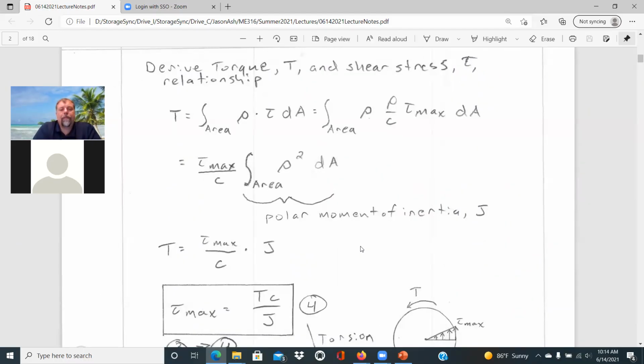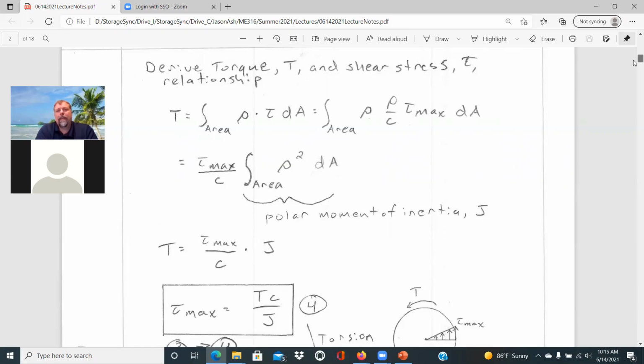If we were to look at torque that's applied, it would really be the integral throughout that area of the radial position times the shear stress times the partial element. Remember, the shear stress times an area would give you a force, times a radial position, force times distance would give you a torque. So that's essentially what we're doing with this integral expression.